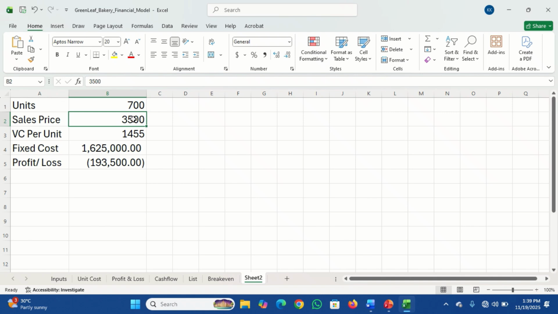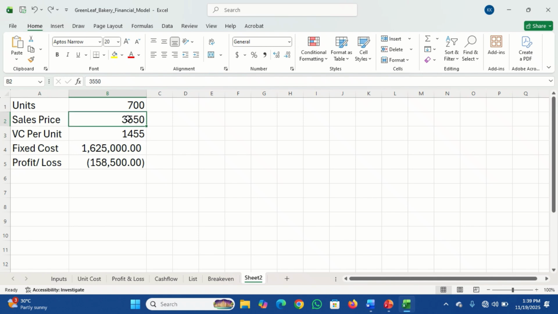Let's make this 3,600, and we are still losing. 3,650, we are still losing. 3,700, we are still losing. This is what you are going to keep on guessing.